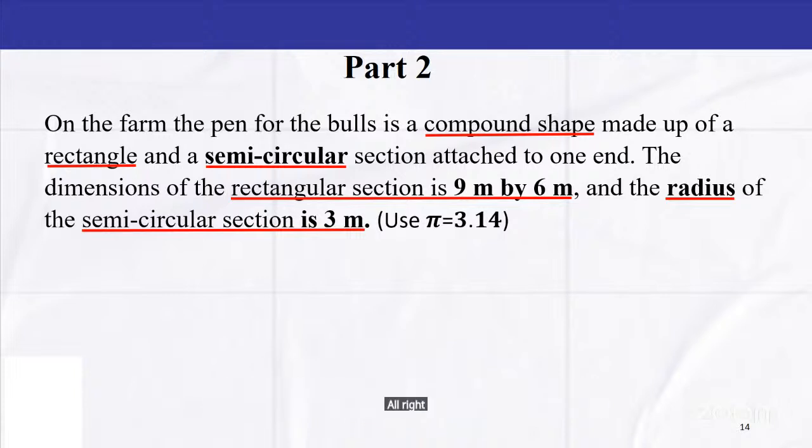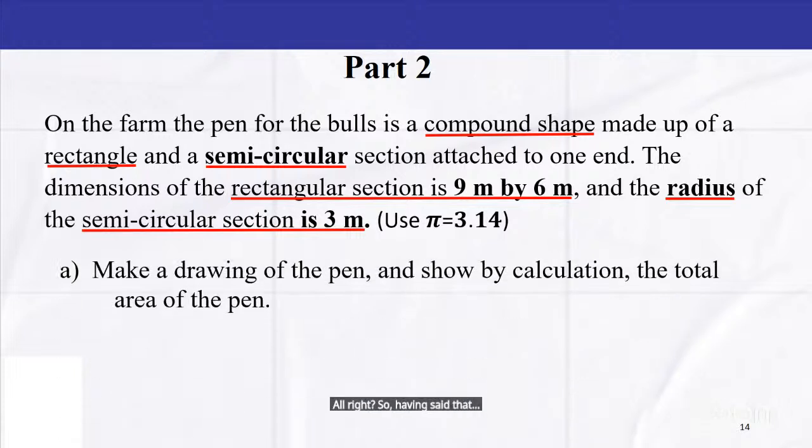Having said that, let us take the other part of the question. The first part says, make a drawing of the cow pen and show by calculation the total area of the pen. So from the information given, we're going to make a drawing, and then we're going to calculate the total area.